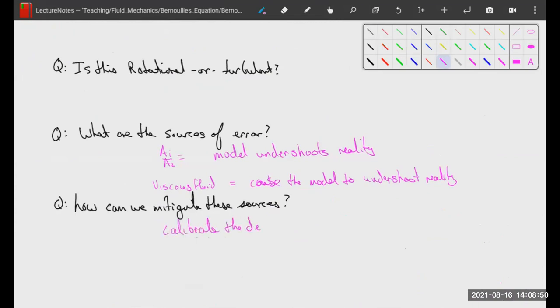In reality, that looks like a couple different things. One is I mentioned that A1 over A2, we'll call it A1 over A2 effective, not theoretical.